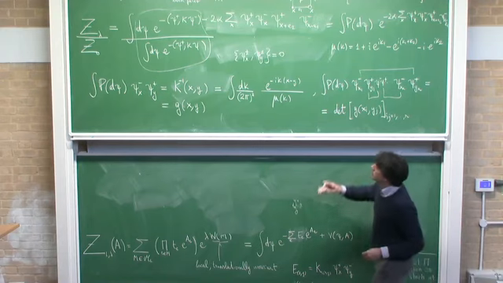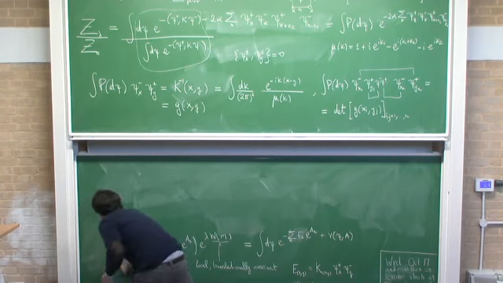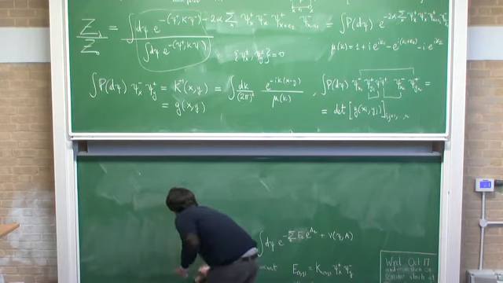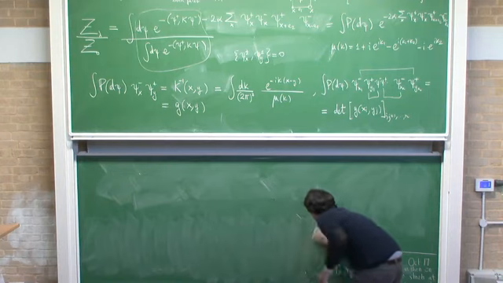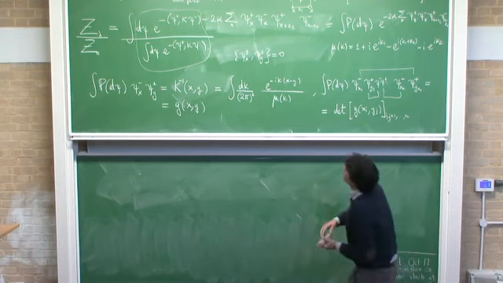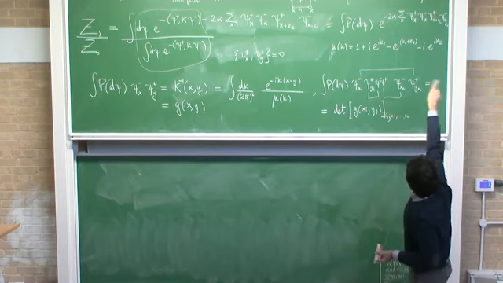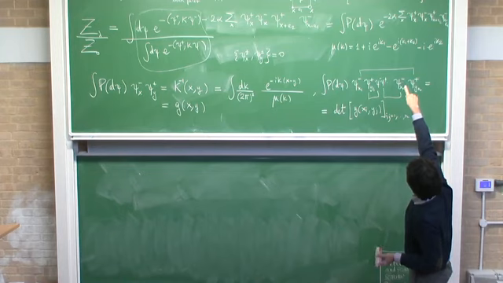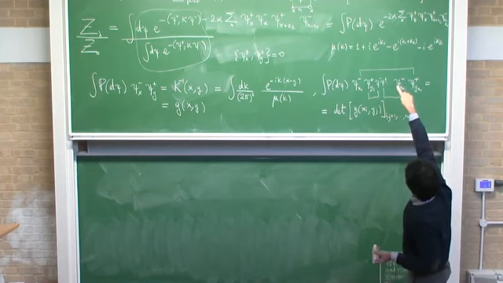Okay, the properties of the mu, of course, will have an impact on the computation of the partition function, because now you see the interaction, this quartic interaction is just an exponential of a sum of monomials.